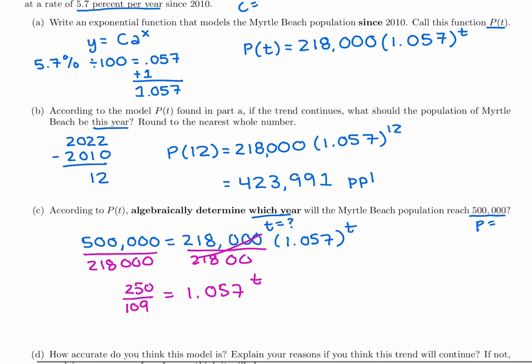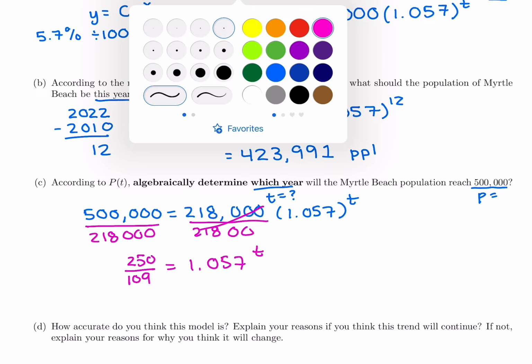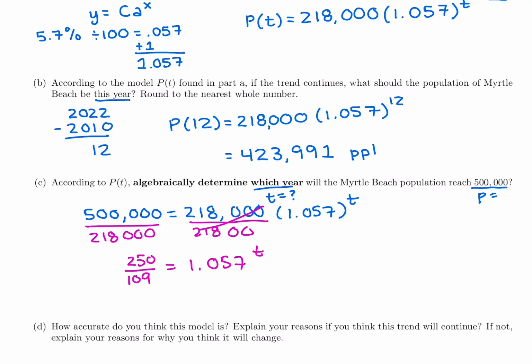Now we're trying to solve for t and it's stuck up in the exponent. So to bring it down, we're going to use logs. So we're going to use log base 1.057 of both sides, 250 over 109 on that left side.